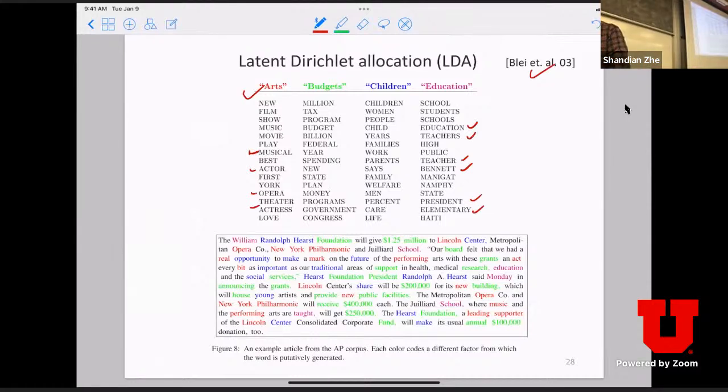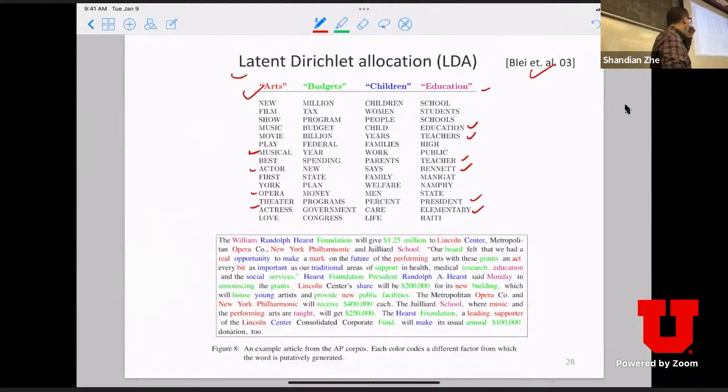Before the LDA model came out, doing this was challenging, because from this collection of documents, how do you automatically extract these keywords unless you do it manually? Latent Dirichlet allocation can help you automatically find the keywords that can represent those different topics.